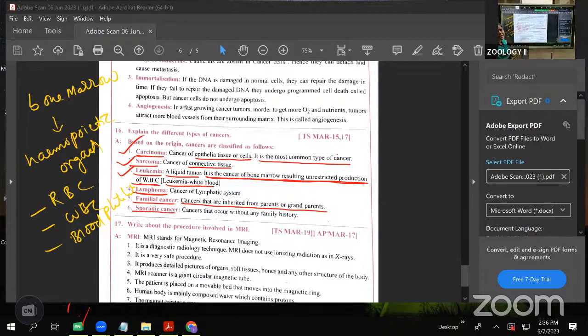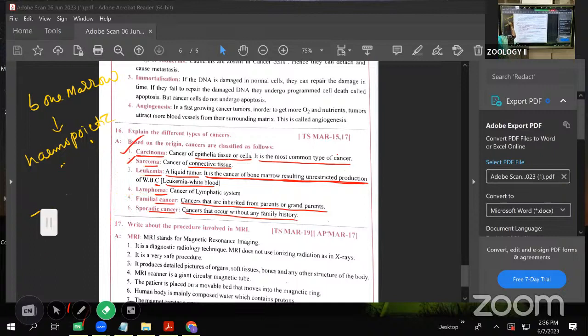Nobody in the family has had cancer, but people still get it. Cancers that occur without any family history we call sporadic cancers. These are the types of cancers.